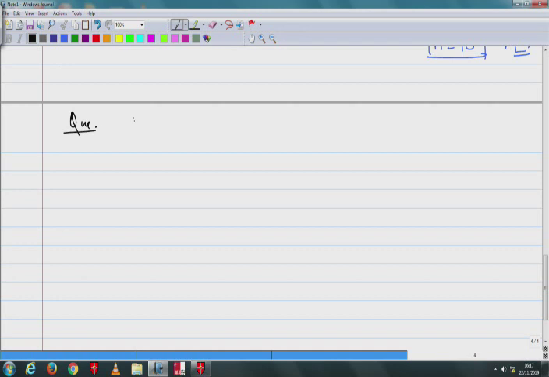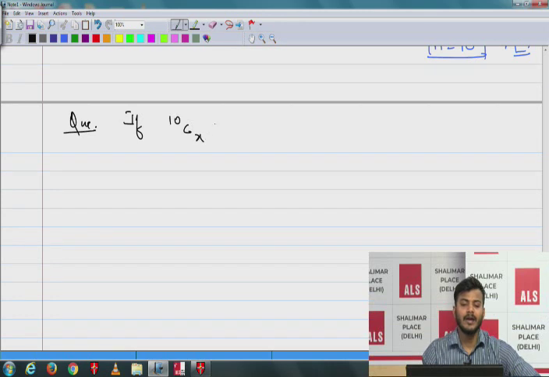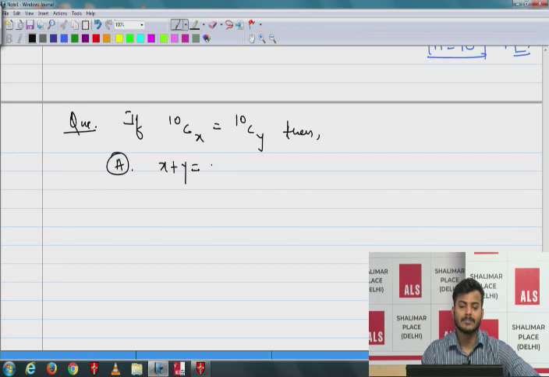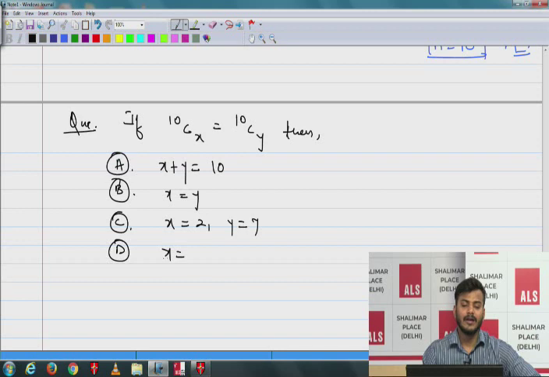Question is: if tan c x equals tan c y, then option A, x plus y equals to something; B, x equals y; C, x equals 2, y equals 7; D, x equals 6, y equals 4.